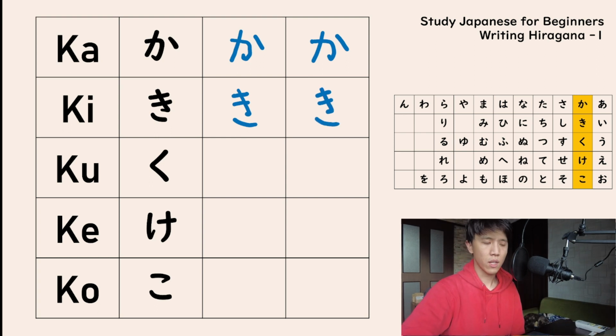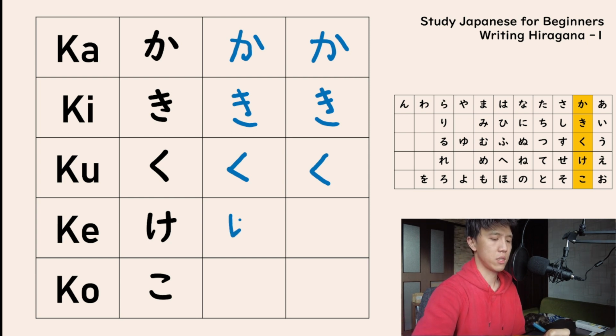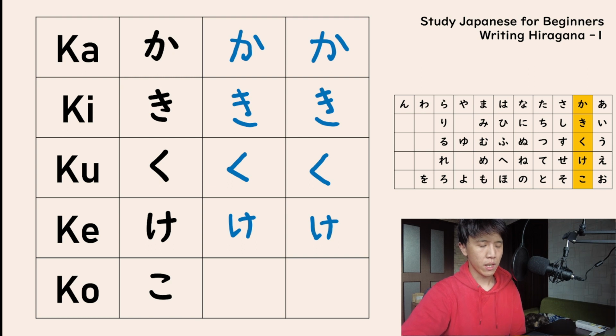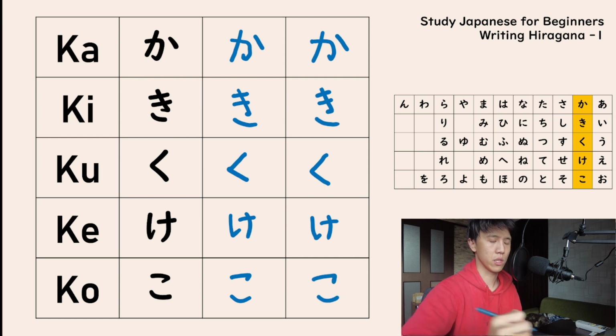Ki. Third one, ku. Ich. Okay. Next one is ke. Ich, ni, san. Ke. And the last one is ko. Ich, ni. Okay. Ka, ki, ku, ke, ko.